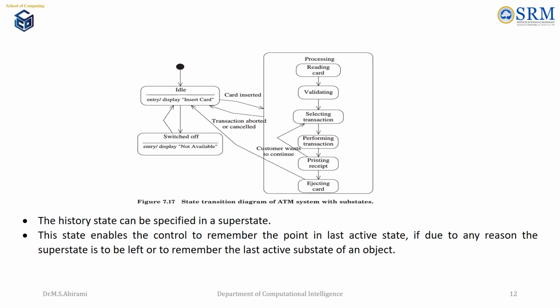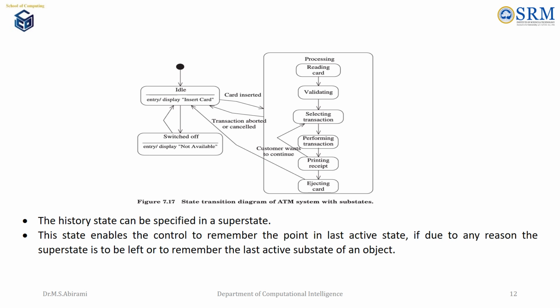The state transition diagram of the ATM system with the substates is given in figure 7.17. Initially it is in the idle state, and then we insert the card. Then processing will start: reading the card, validating the card, and selecting the transaction. If there is improper insertion or any error, then the transaction is aborted or cancelled.